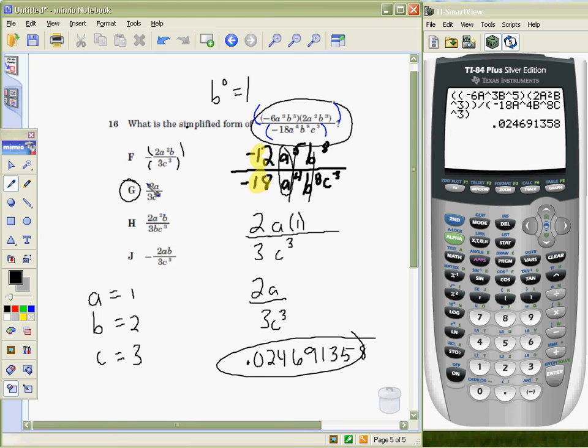Now, what you would normally do is go through each answer choice and enter it in using parentheses, top, bottom, and so forth. And when you put them in, the correct answer choice is going to yield this decimal.